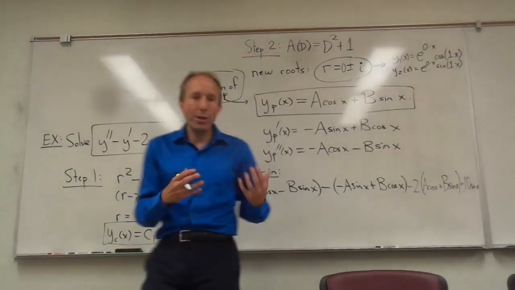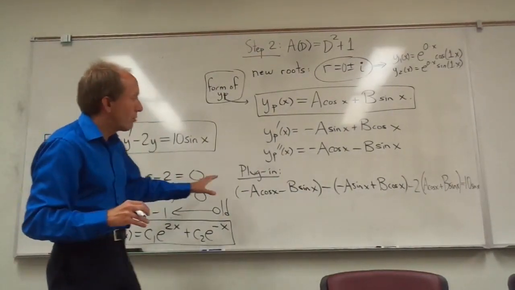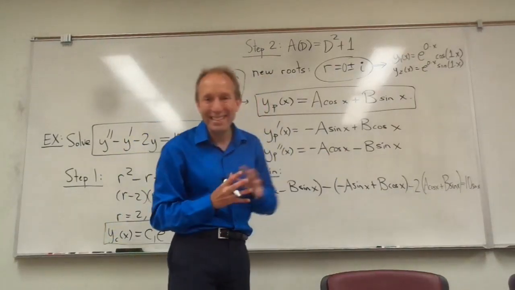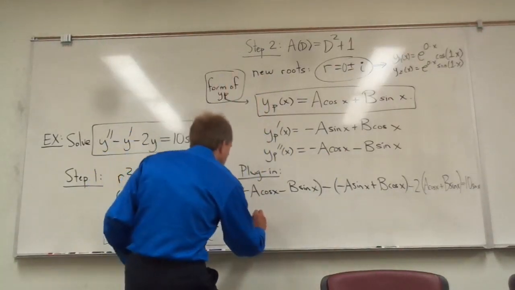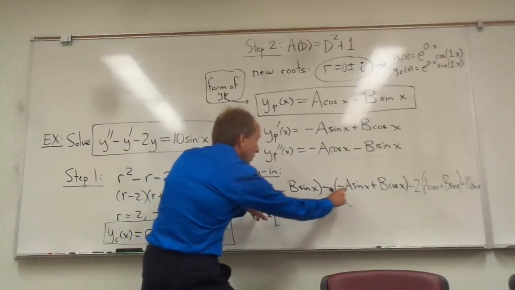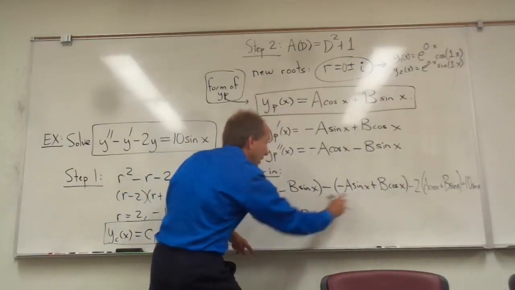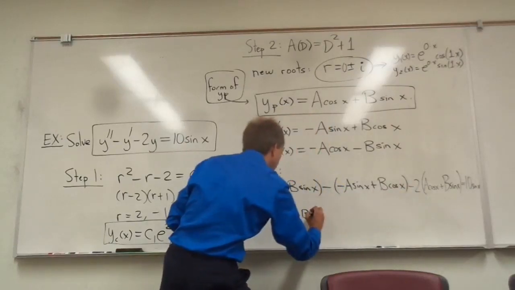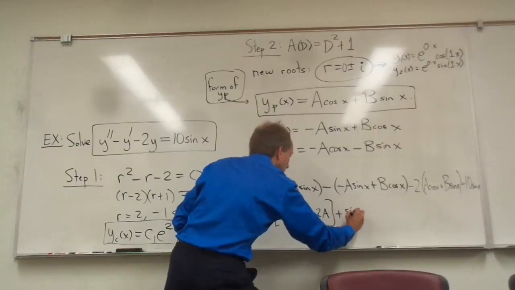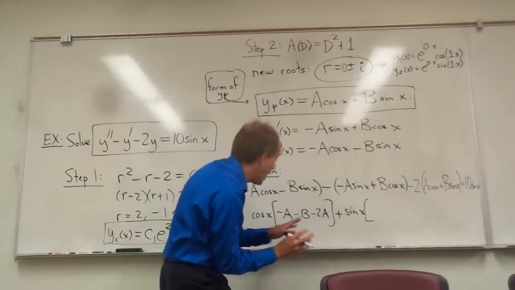The way to work with this expression now, guys, is to group all of the cosines together and all of the sines together. So if I look at it, I've got cosine of x, and here I have a negative a, here I have a negative b, and here I have a minus 2a. So that's the cosine part. And then I also have sine of x.